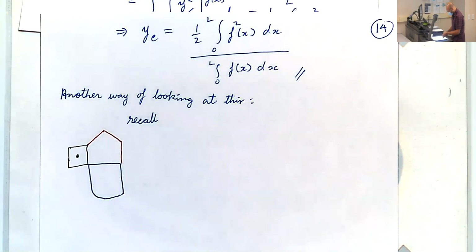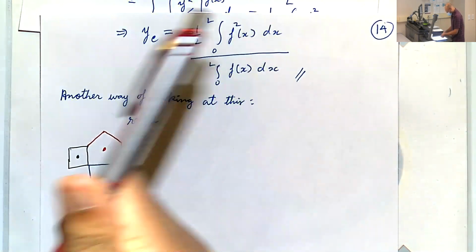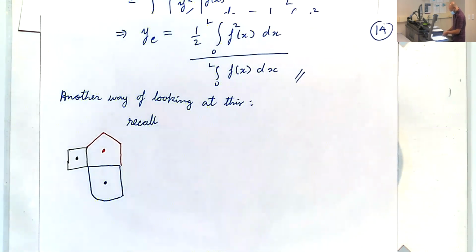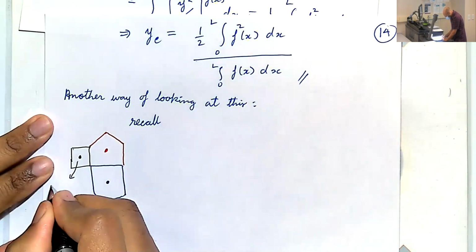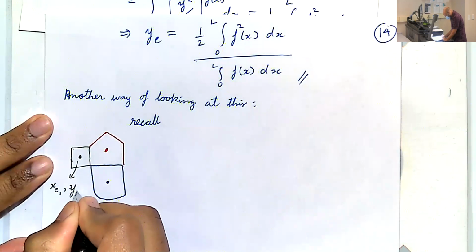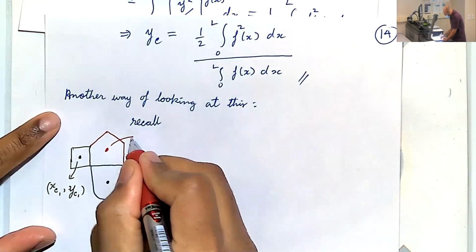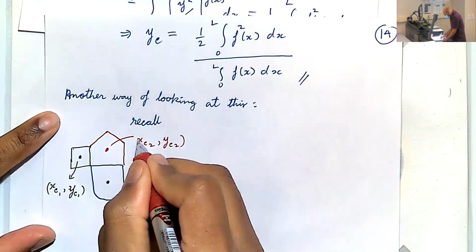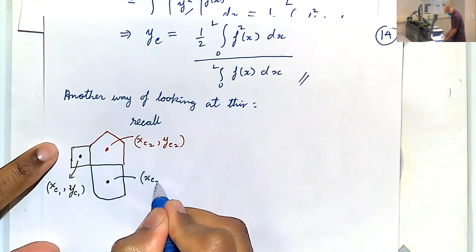Looking at all of them individually, you see the centers of mass will be at different locations. This is X centroid 1, Y centroid 1. This is X centroid 2, Y centroid 2. And this is X centroid 3, Y centroid 3.